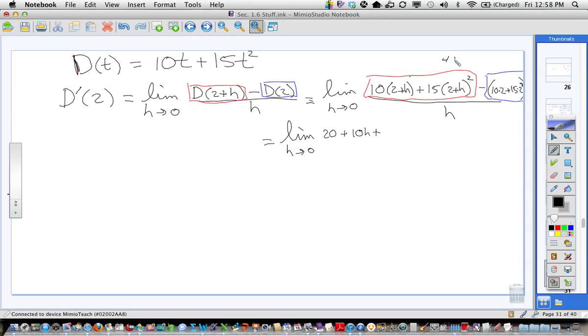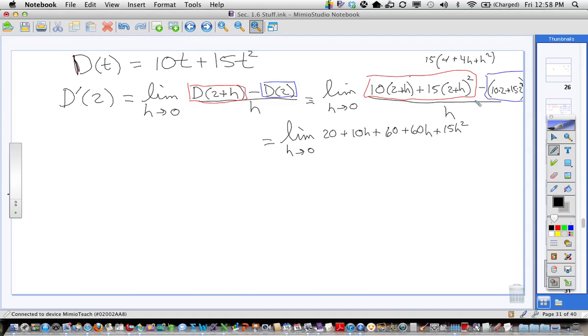That'll be 4 plus, it'll end up being 4h, right? It'll be 2h and a 2h, outers and inners, plus h squared. And then, and I could have written this all out here, but I wanted to save a step here. And then I got the 15 out in front of it, right? So that's going to be what? 60h plus 15h squared, right?